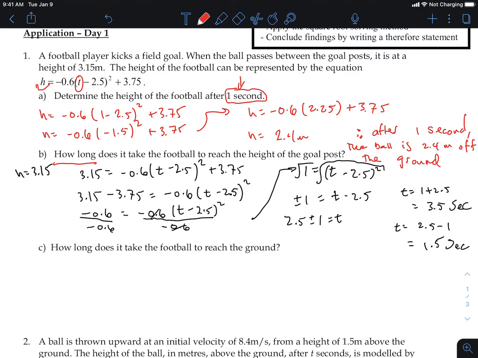Like, instead of 2.5 minus 1, what if you were to write 1 minus 2.5? I think that's why I corrected myself. I don't know. That's why I wrote it that way. It should always be 2.5 plus or minus 1.